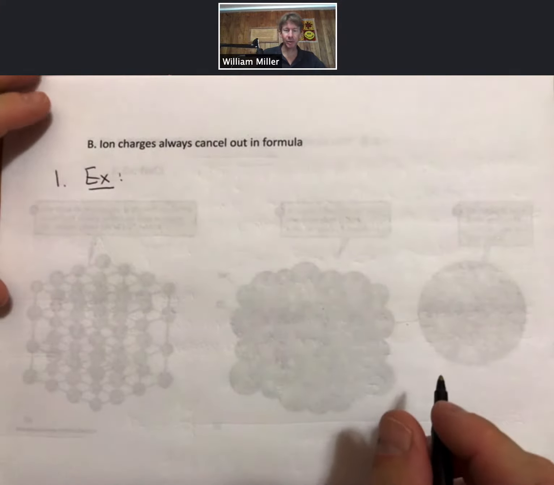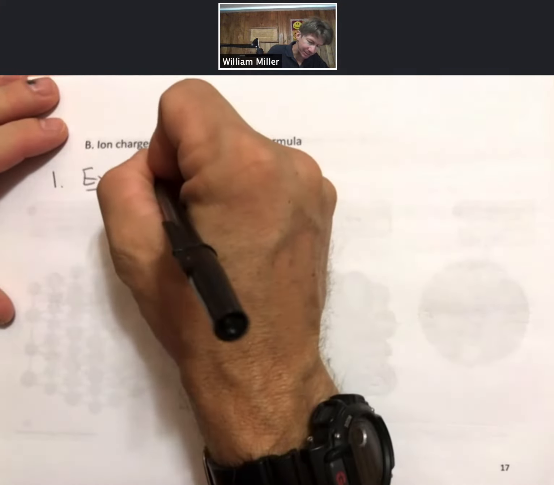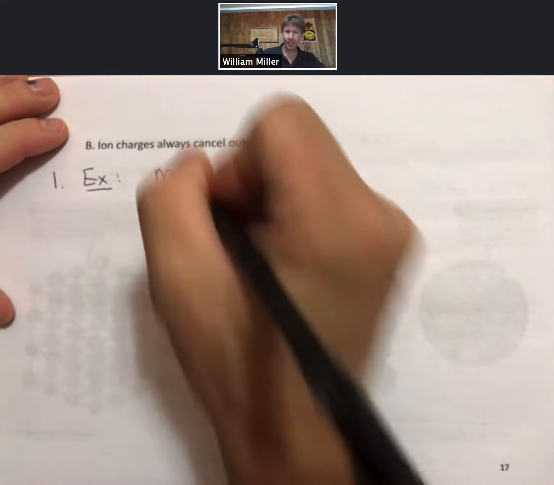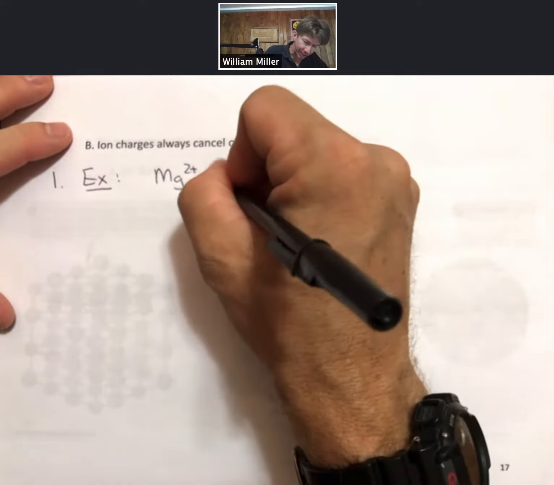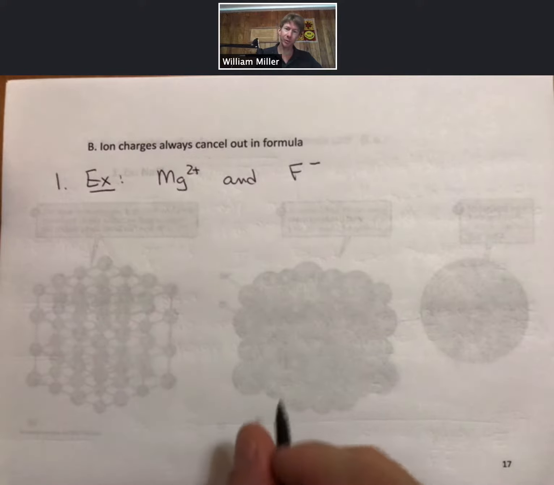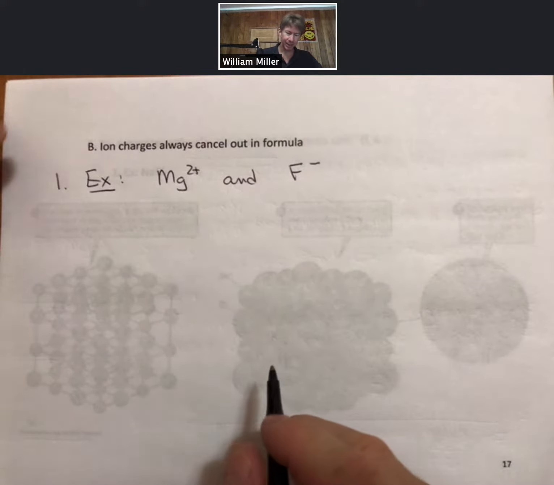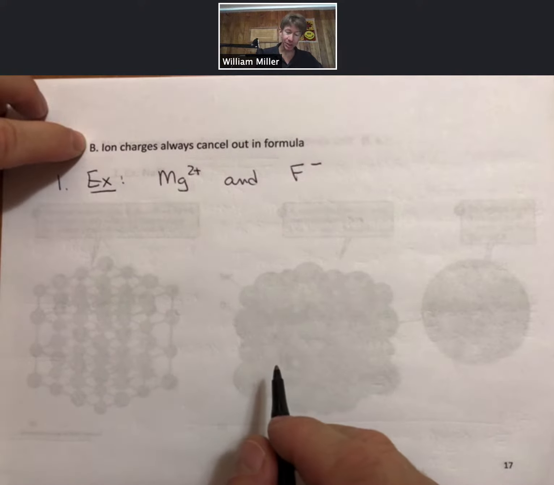The examples are going to be looking at things like, if you take a magnesium ion and you pair it with a fluoride ion, then the question is, what's the formula for the ionic compound? And ion charges always cancel.